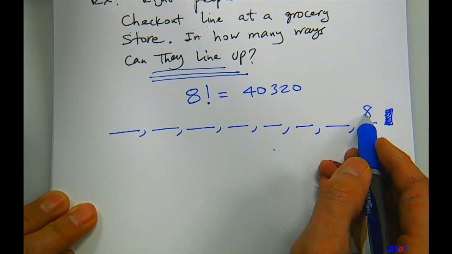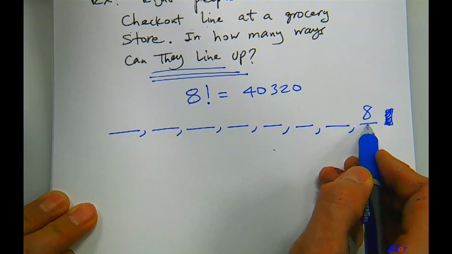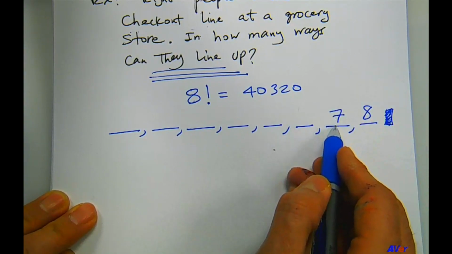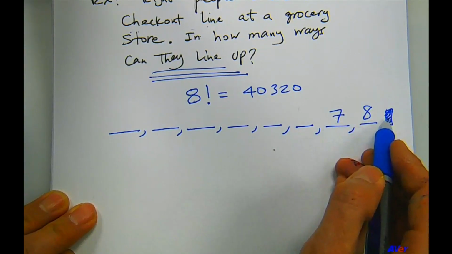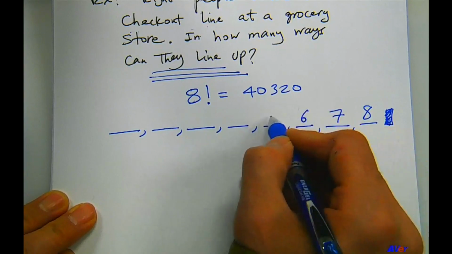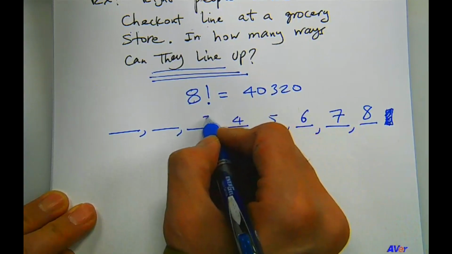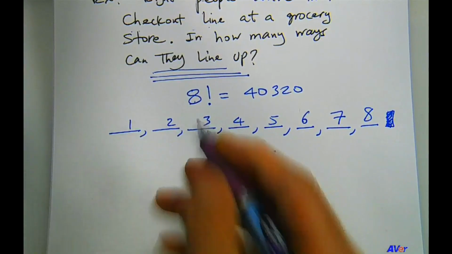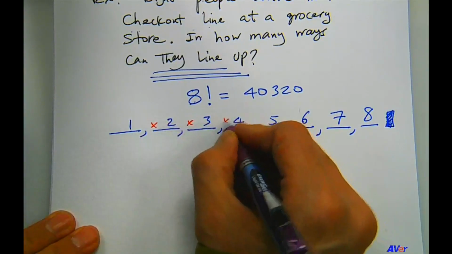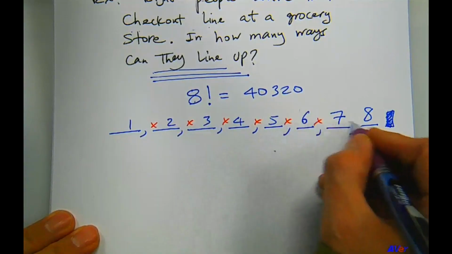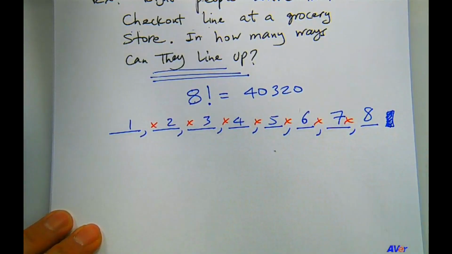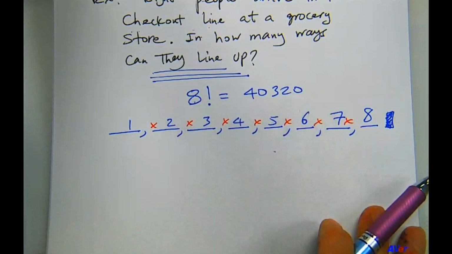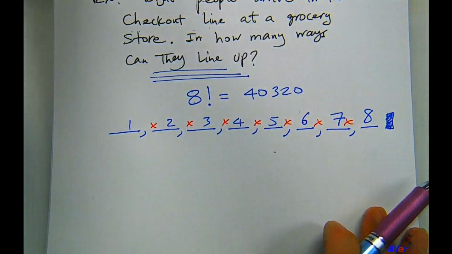Once one of those people takes that spot, then there are 7 people available to take the second position, and then 6, and then 5, 4, 3, 2, 1, and this would be the last spot. So by the multiplication principle, you can multiply these together and you end up with that same number. So this is the logic behind that operation that you see there.